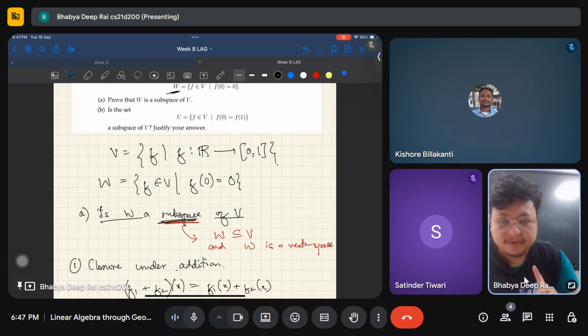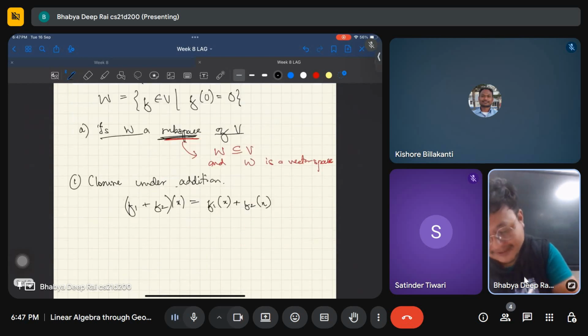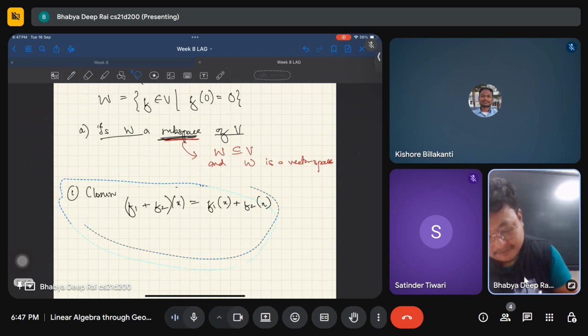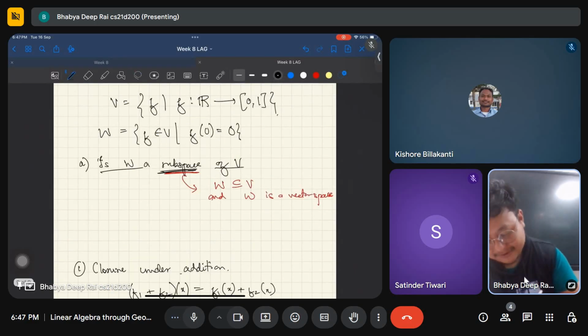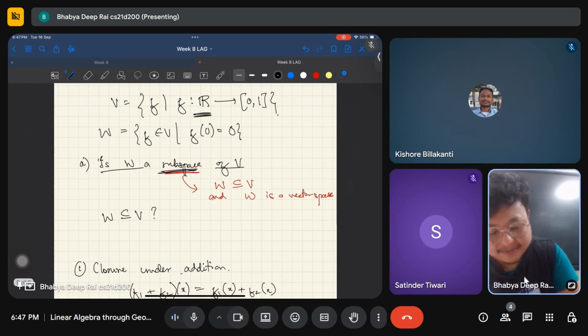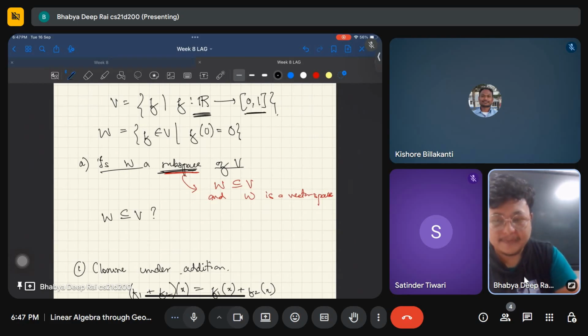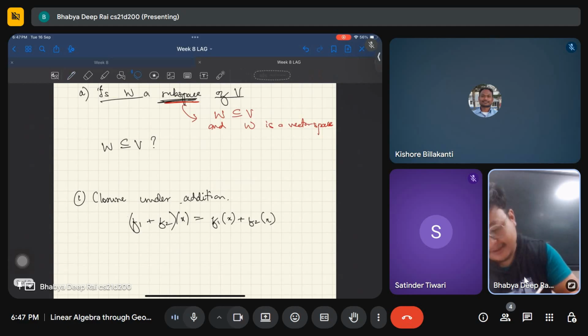Sorry, by the way, before we test whether it's a vector space, we should test whether it's a subset. The first test is whether W is a subset of V. You see that V is a set of functions that takes real numbers and maps them to something between 0 and 1. Let me write it diagrammatically.